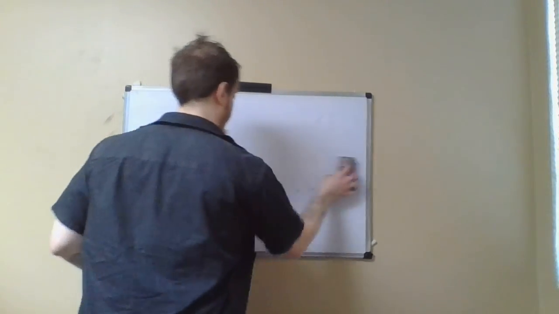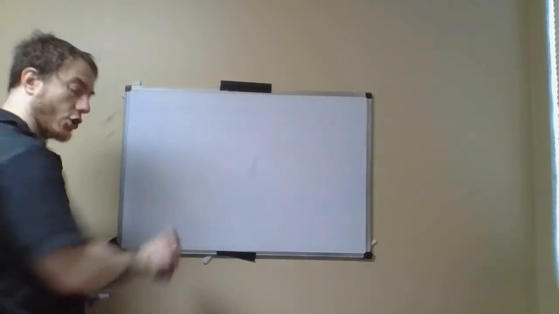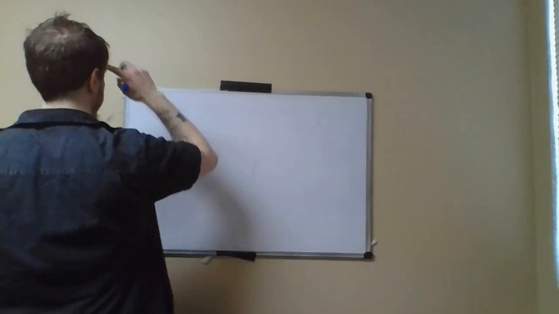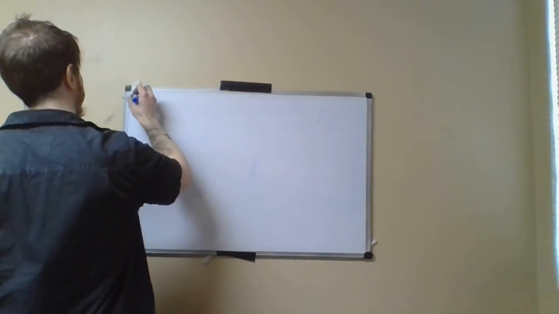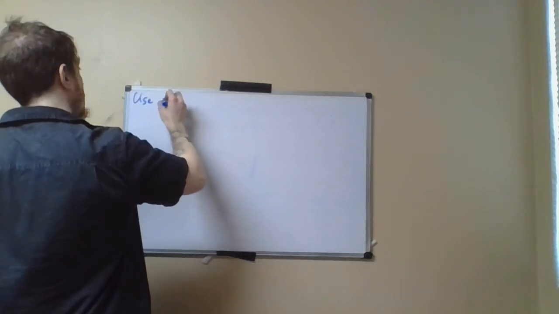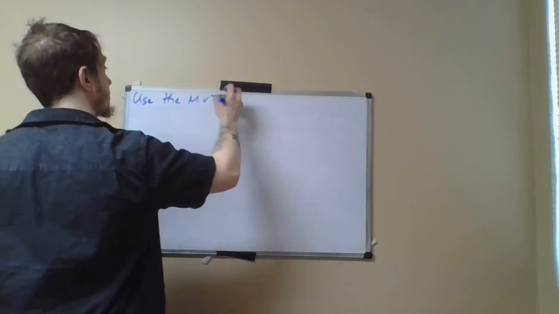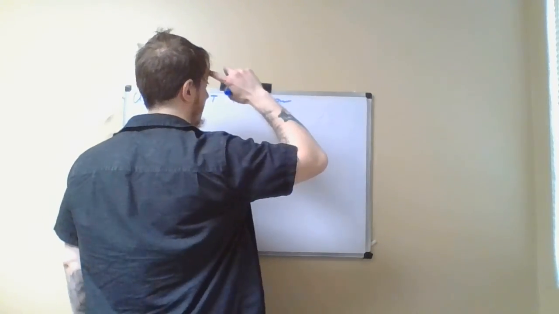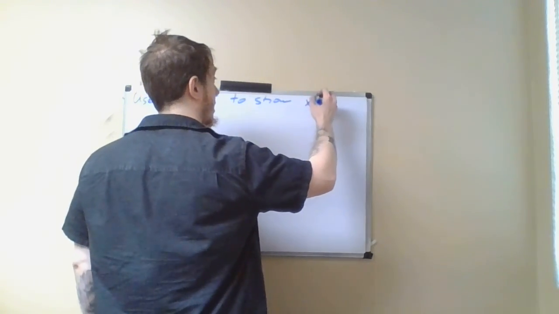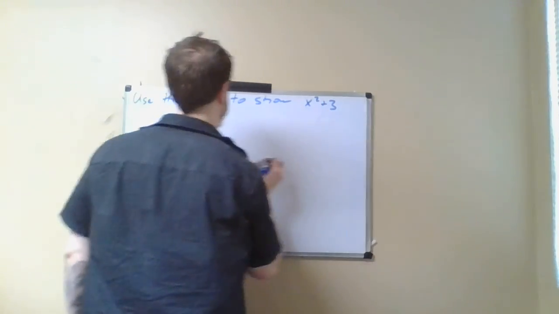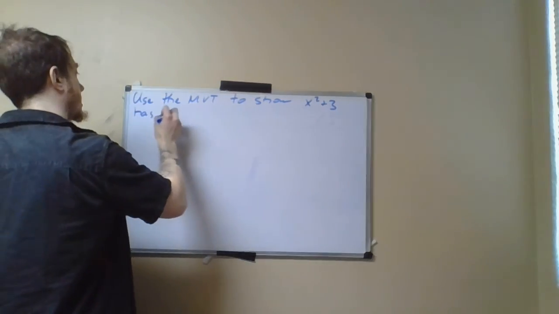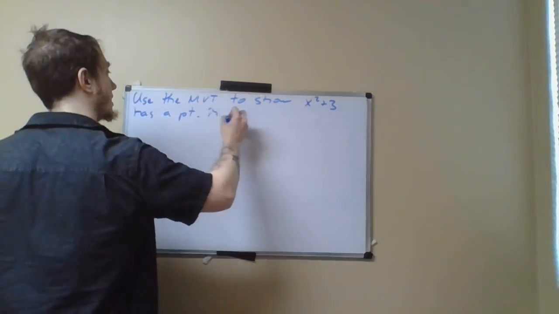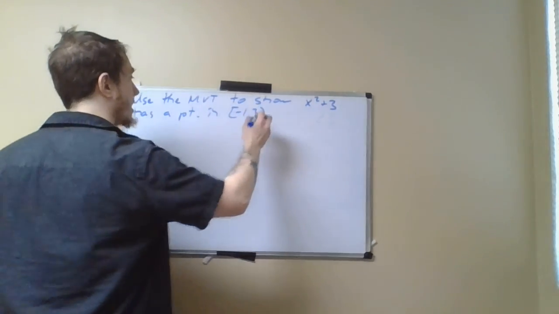So for instance, going back to that example at the beginning, we could say, use the mean value theorem to show that x squared plus 3 has a point in -1 to 3.